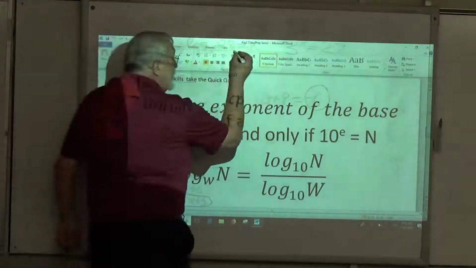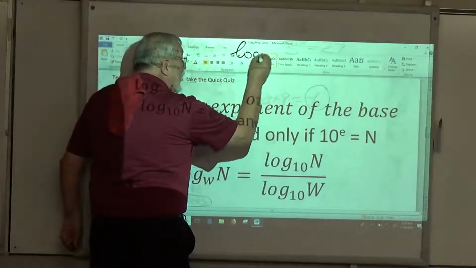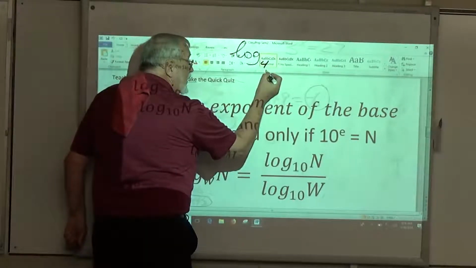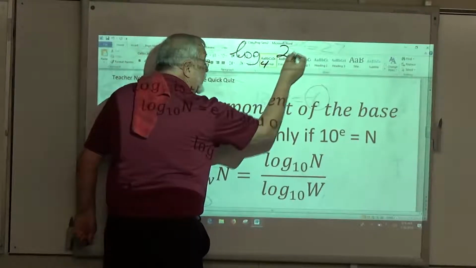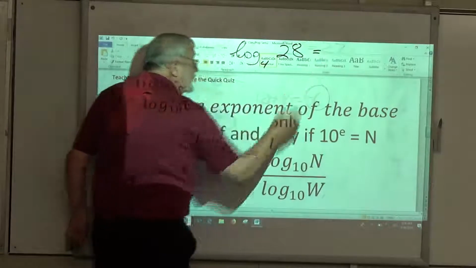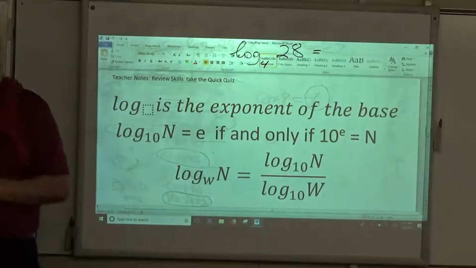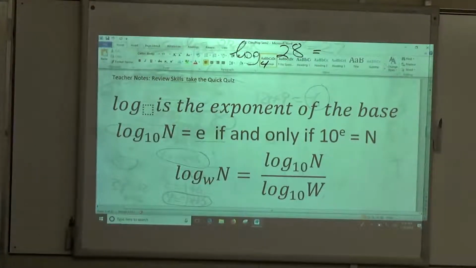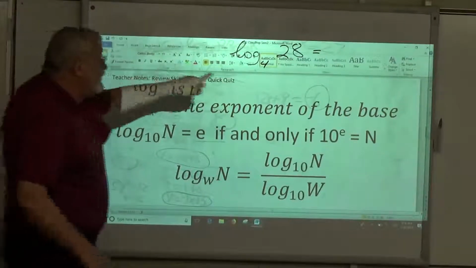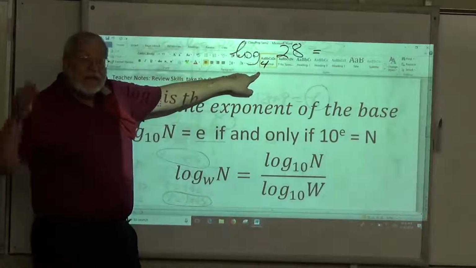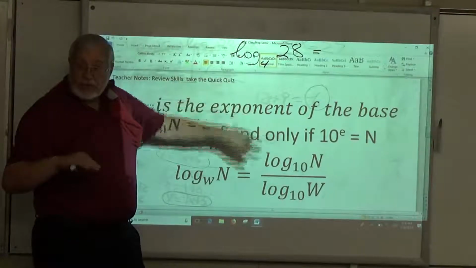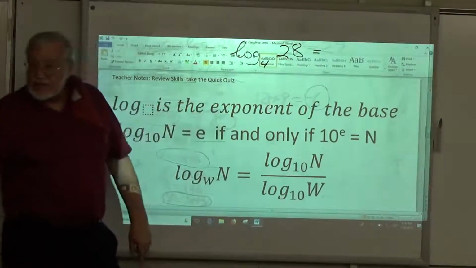So let's say that I give you log base 4 of 28. Now, is 28 in the 4 times tables? Yes, but it's not a power of 4. 4 to the second power is 16. 4 to the third power is 64.